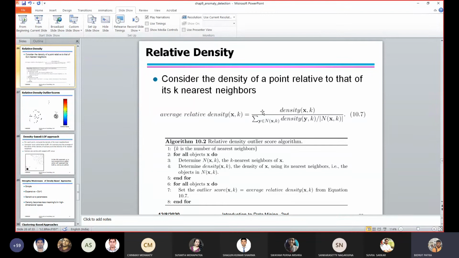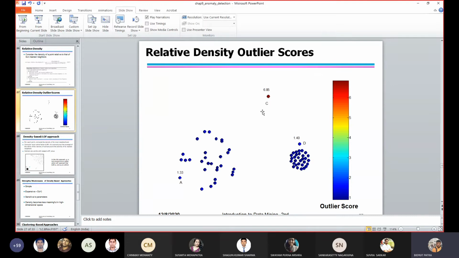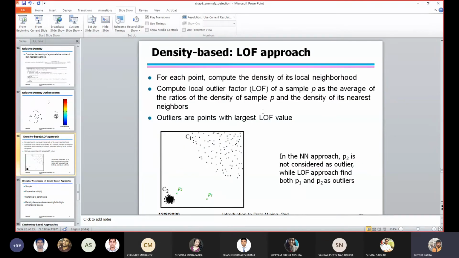Now I'm continuing to talk about density-based techniques. But the next approach is quite famous. It is called the LOF approach. It is a density-based approach; LOF full form is local outlier factor.